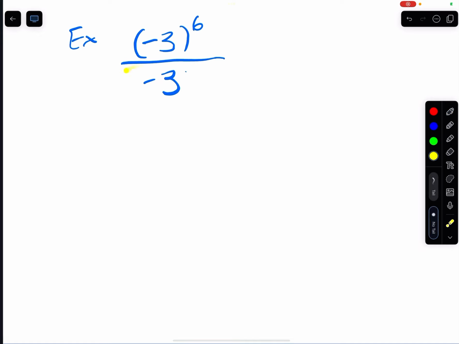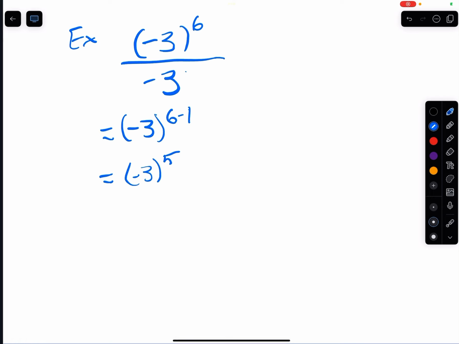We have the same base of negative 3 in both cases, but what is this exponent? If we don't see an exponent written, it's understood to be 1. So 6 is greater than 1, so that meets our criteria. That means that this is equal to negative 3 raised to the 6 minus 1 power, or negative 3 to the 5 power.